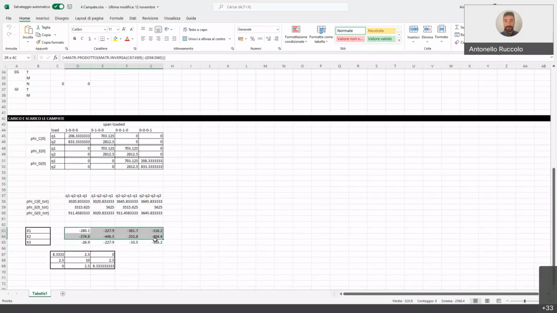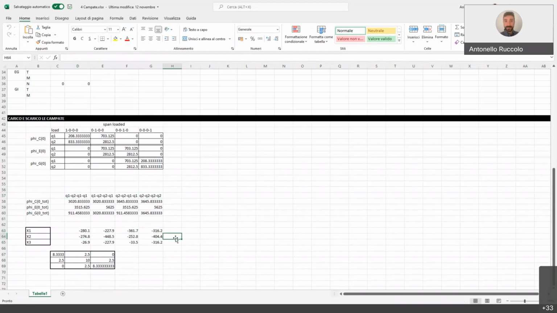And so we will find these three static unknowns, x1, x2, and x3, that are immediately available. And we can find that if we load the structure differently, we will find different values of static unknowns.